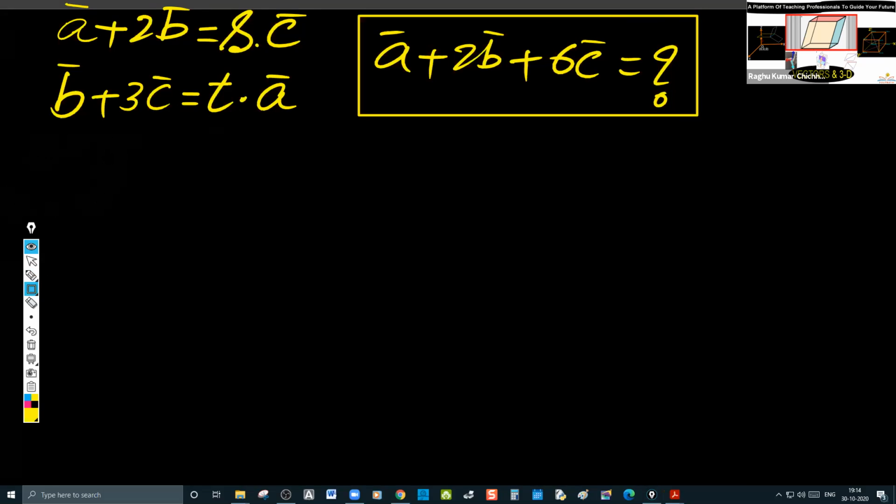Now, let us make use of these two to find out its value. We simply substitute the first equation in the second equation, or the second equation in the first, whatever you do, no problem at all.